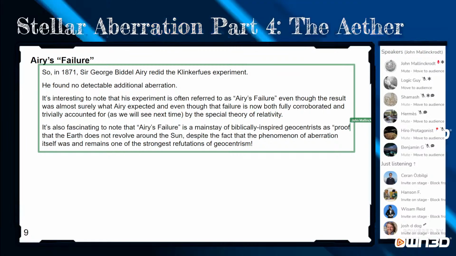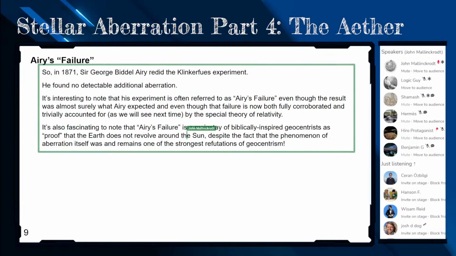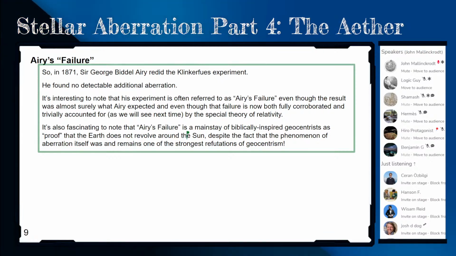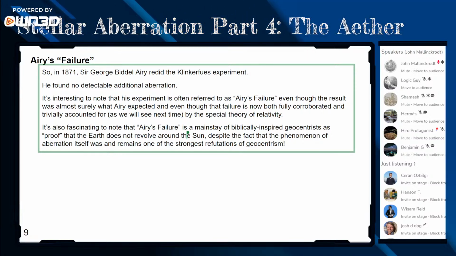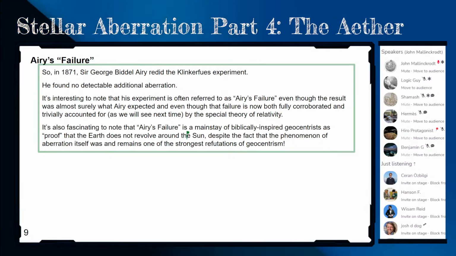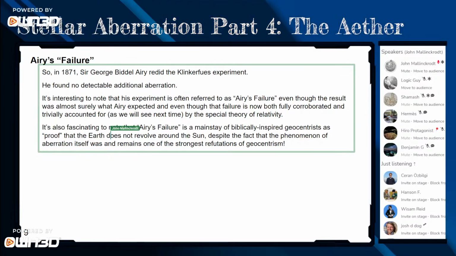I think that's particularly priceless given the fact that the aberration itself, the thing that this additional aberration was supposed to be added to when filling the telescope with water, the phenomenon itself, remains one of the strongest refutations of geocentrism, because you really can't explain it except with an Earth revolving around the sun, unless you want to go to the kinematic equivalence and then pretend that it's a dynamic equivalence that Andy was pointing to.